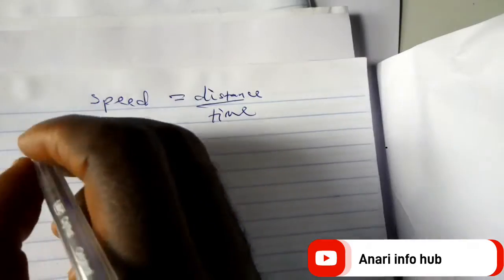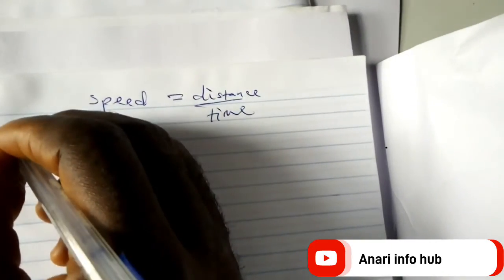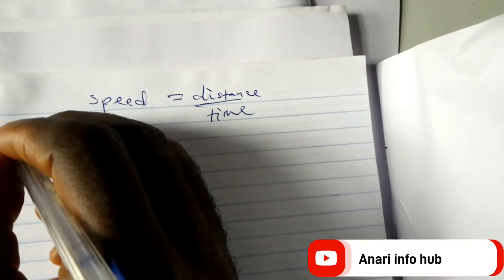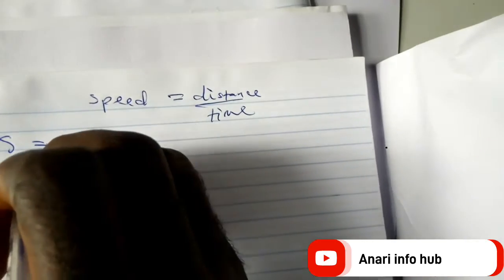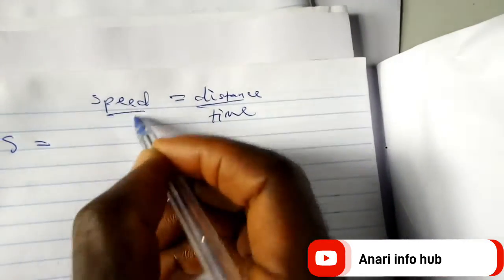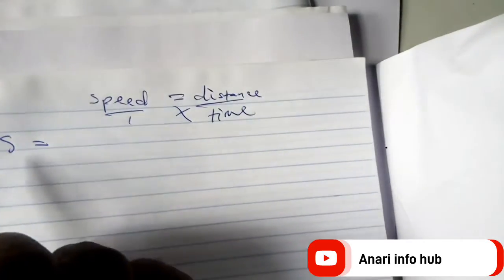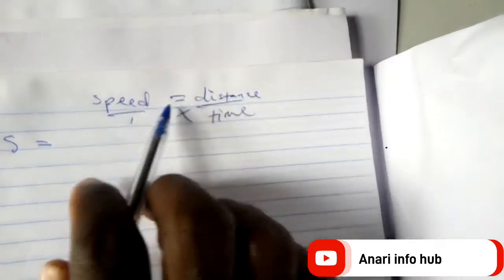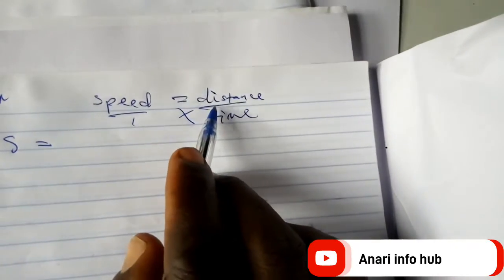From here we can get what is called average speed. Speed is equal to distance over time, so cross multiplying, we get distance. But in physics, for distance we can still use x to depict distance.